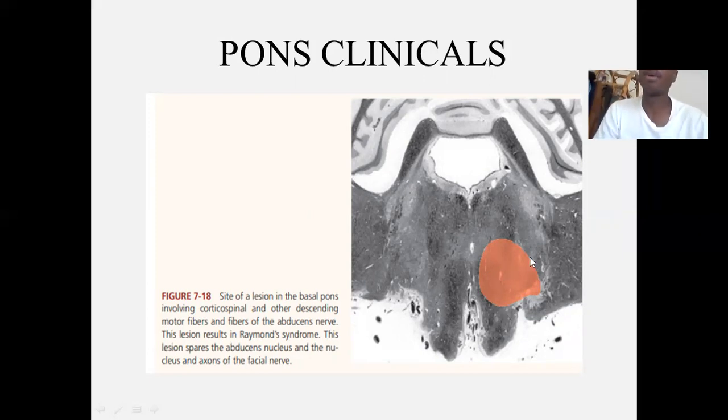And in Raymond's syndrome, what you affect is the sixth nerve, that is the abducens nerve, as well as the descending corticospinal fibers. So you're going to have contralateral hemiplegia and ipsilateral sixth nerve palsy.